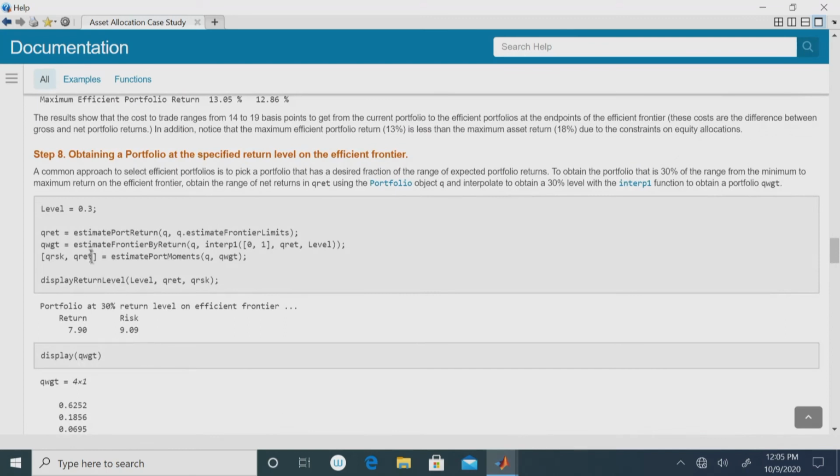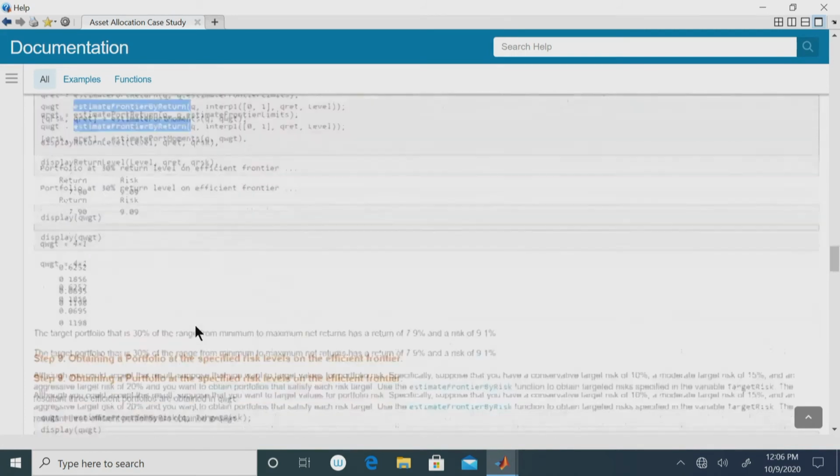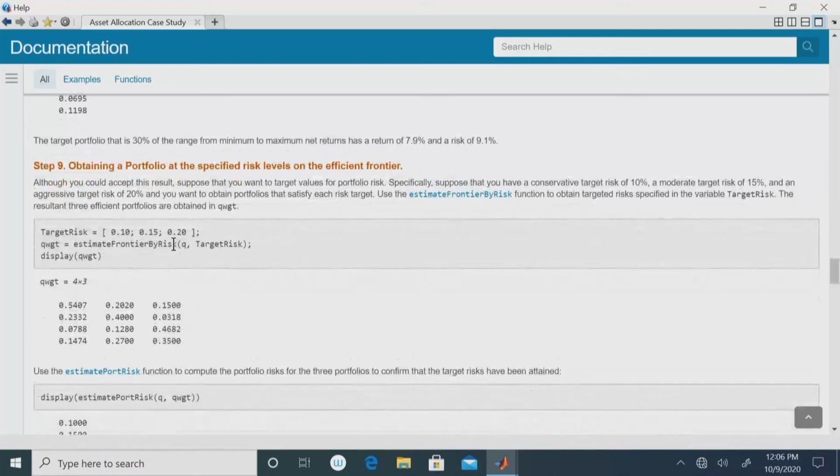Estimate frontier by return is a command that gives you the weights of the portfolio for a specified return level, and estimate frontier by risk gives you the weights of a portfolio for a specified risk level, which in this case have been given as 10, 15 and 20%. Once this has been calculated, you can display the weights. The 3 columns correspond to 10, 15 and 20%. So these are the weights.